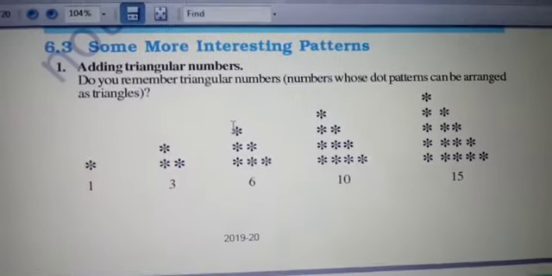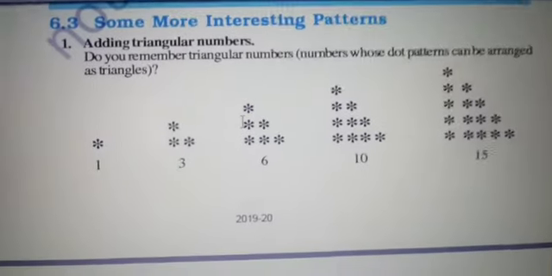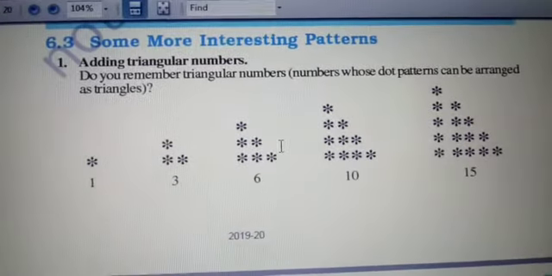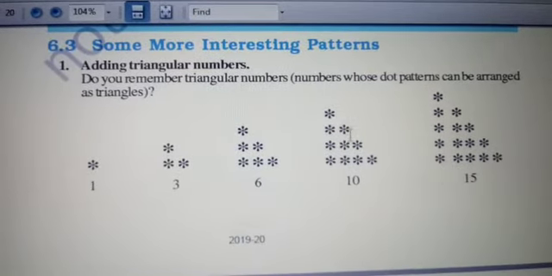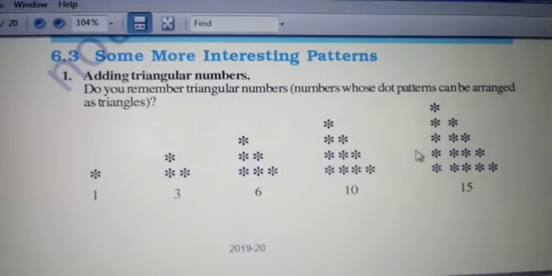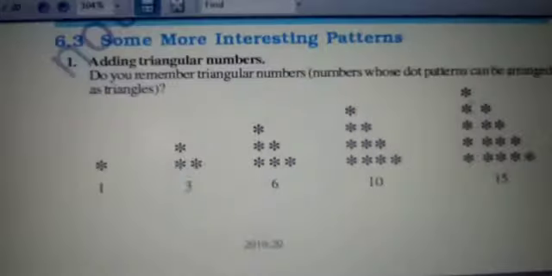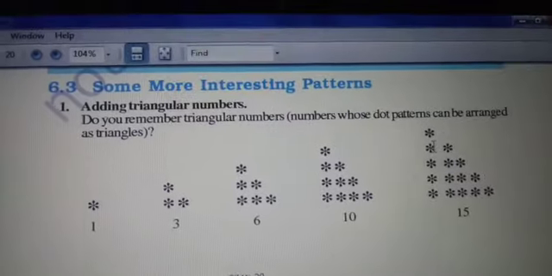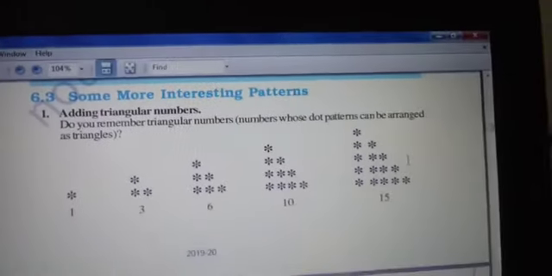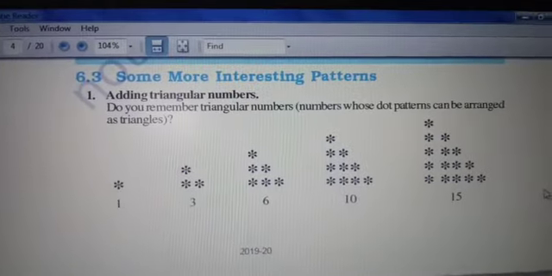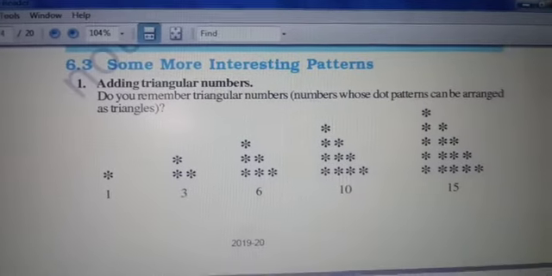Next, 6 is also one of the triangular numbers. Next, 10 dots is one triangular number. Here, 15 dots. Likewise, we can form a triangular number by arranging dots or flower patterns like this.